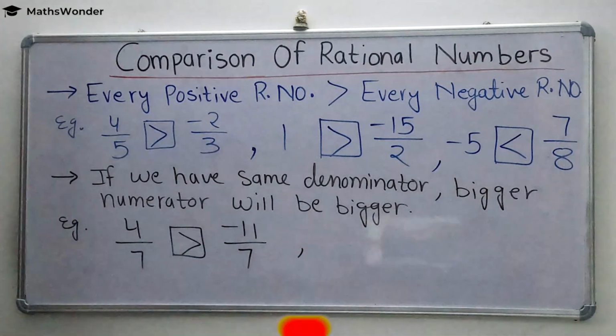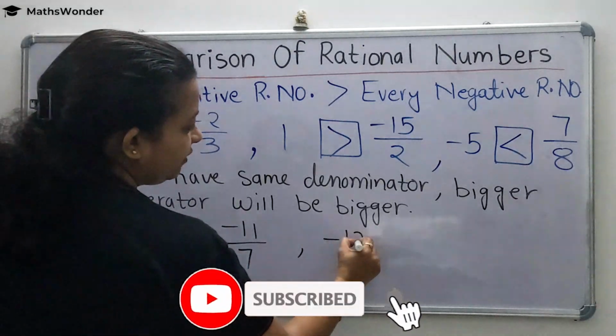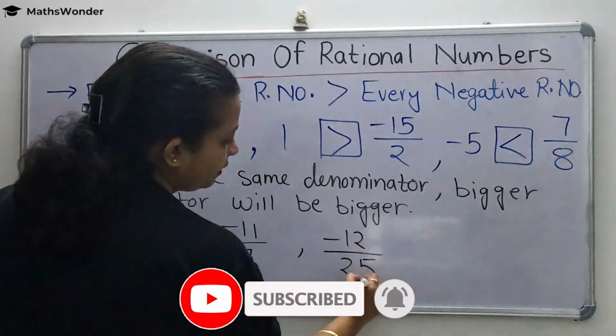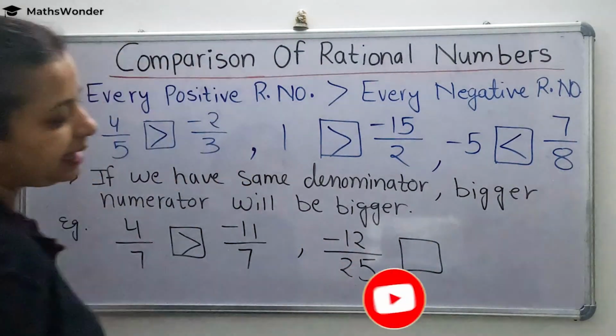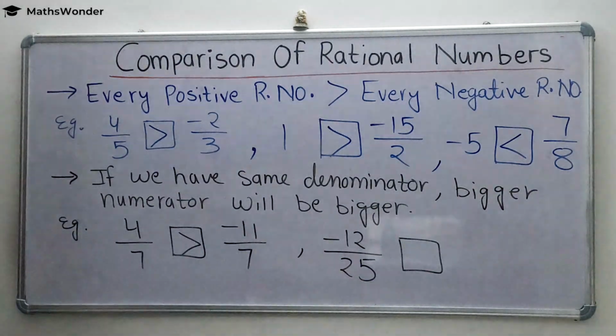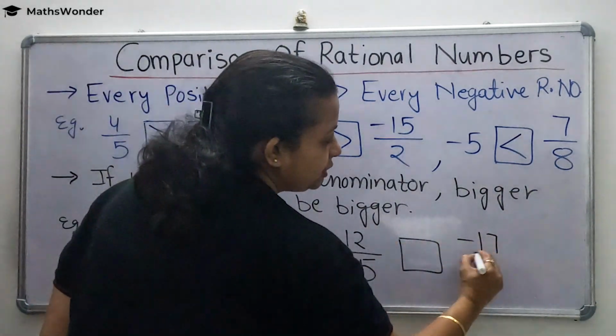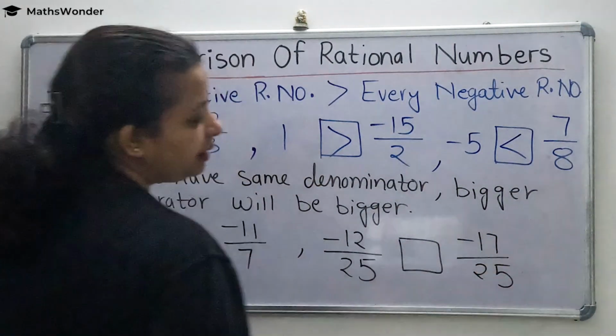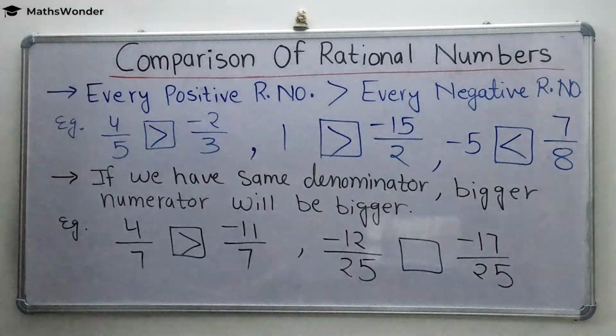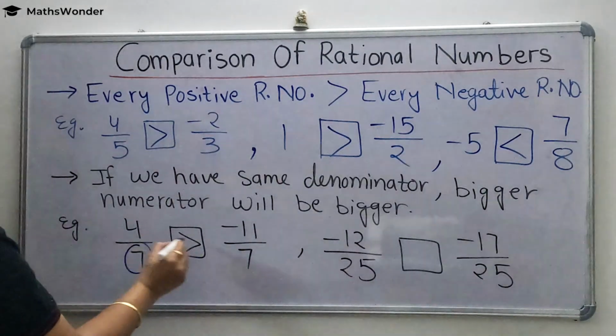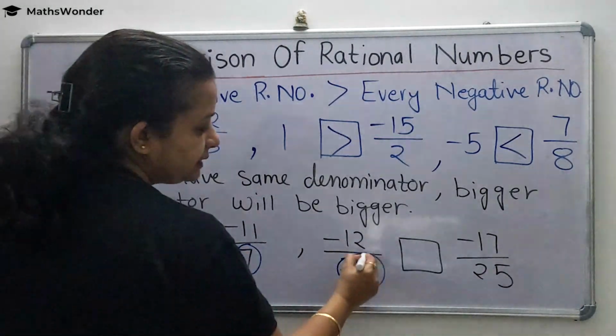The other example is, suppose negative 12 over 25 and the other rational number is negative 17 over 25. Now you can see in this example also, both the denominators are the same.